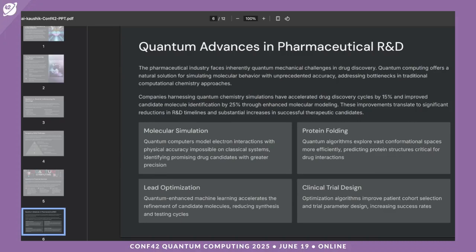In one collaboration, researchers ran hardware experiments to estimate ground state energies of a small molecule. Raw results were very noisy, yet after mitigation and combining with classical methods, they matched expectations closely enough to filter out a false lead, which is very important and a huge win. That saved weeks of lab synthesis and testing.